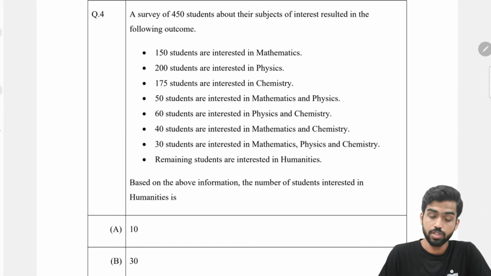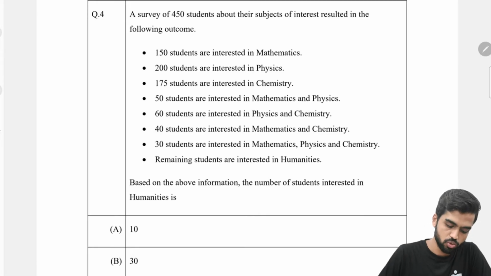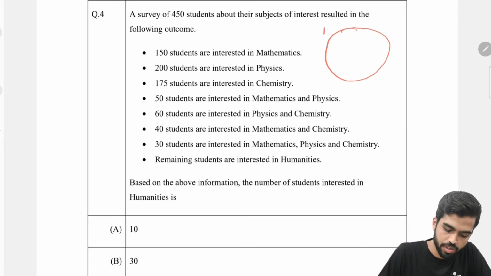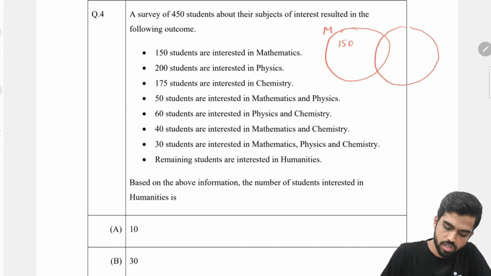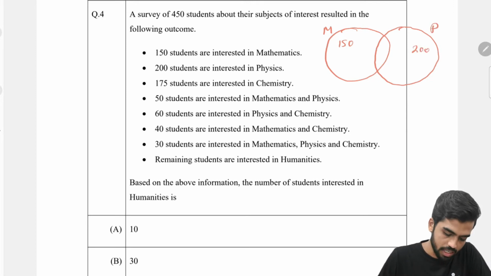In the very first line, it is written 150 students are interested in mathematics. So if we draw a circle of students who are interested in maths, it will be 150. 200 students are interested in physics. So 200 students in this circle for physics, and 175 students are interested in chemistry.